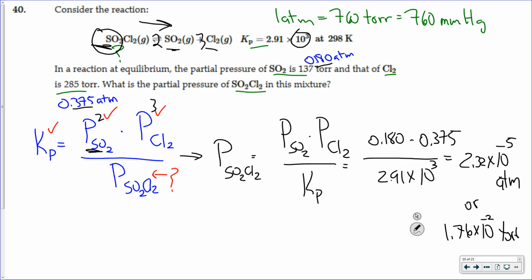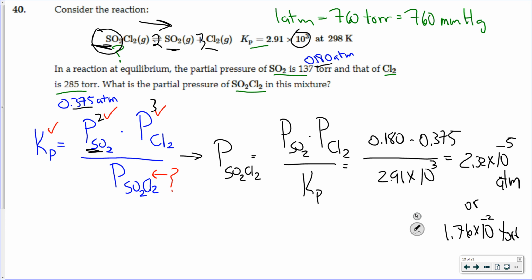Yes. You know how you're supposed to include in the equilibrium mixtures the gases and aqueous solutions?